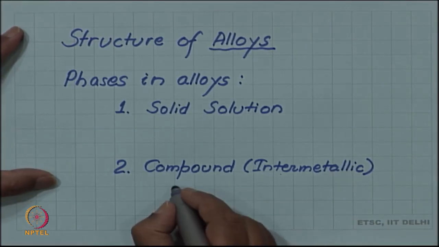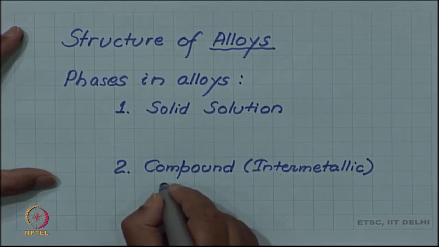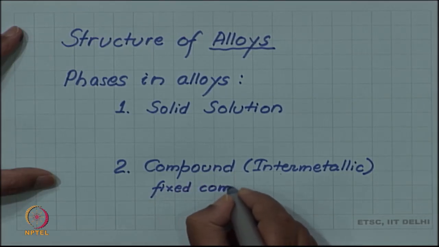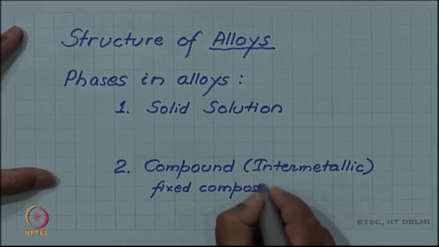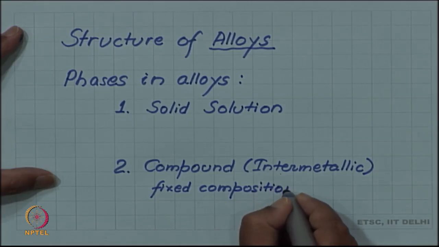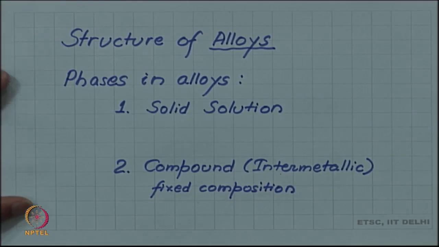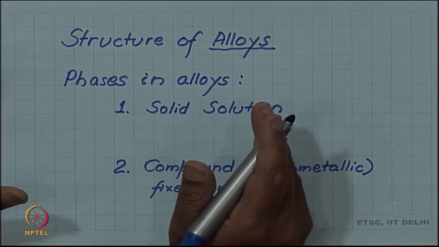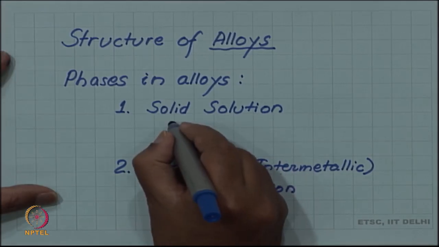So, in the compound, the composition is fixed. So, compound is made up of fixed composition. Whereas, solid solution will have at least some variation in the composition.